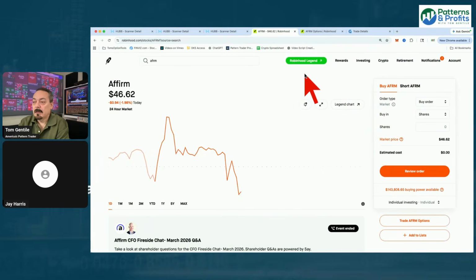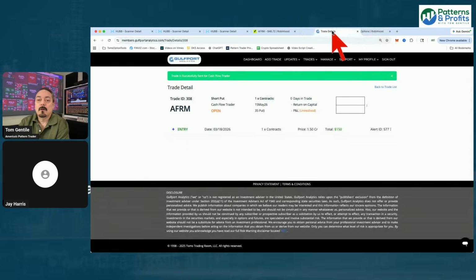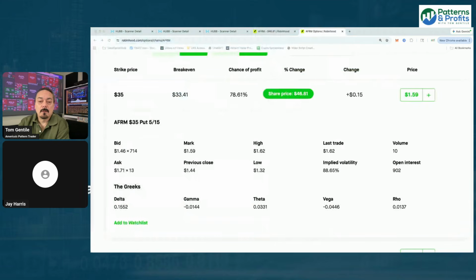So I've got Affirm here. Let's check in on Affirm. 162. There's your trade. All right, 162 on that Affirm trade. Now I'm going to set this up again, but I'm going to look at it a little differently. We're going to look at it in terms of placing the put spread instead of the put itself.